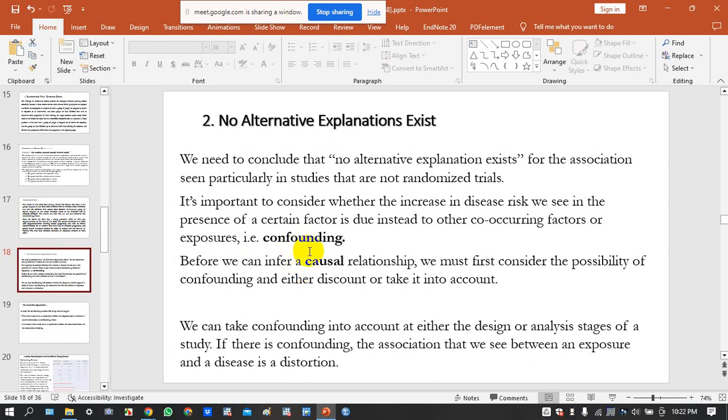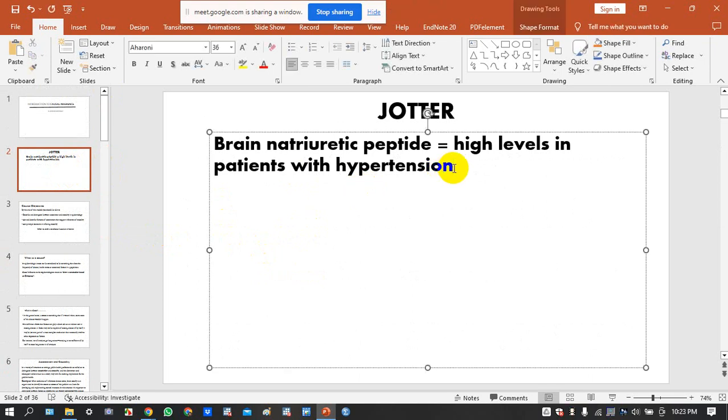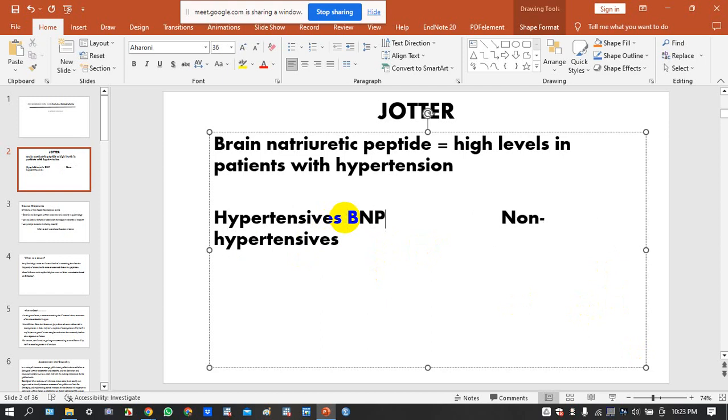So for instance, if you are conducting a study, and you have hypertensives and non-hypertensives, the hypertensives are supposed to have BNP, brain natriuretic peptide, very high.